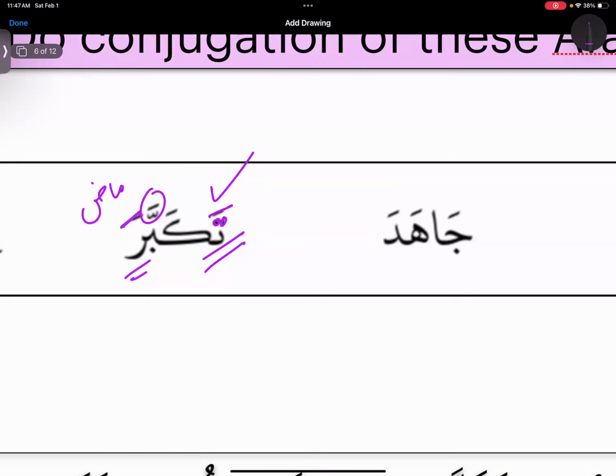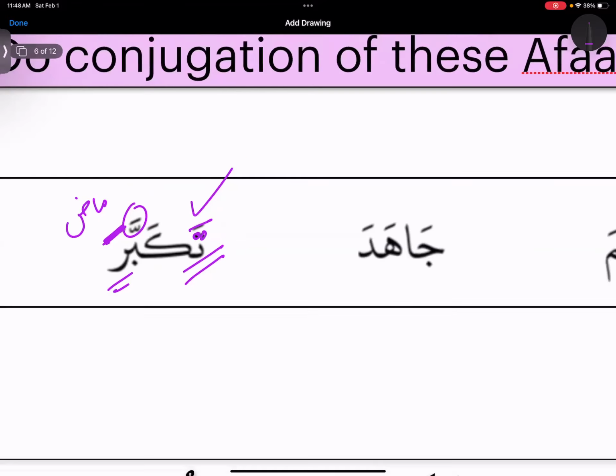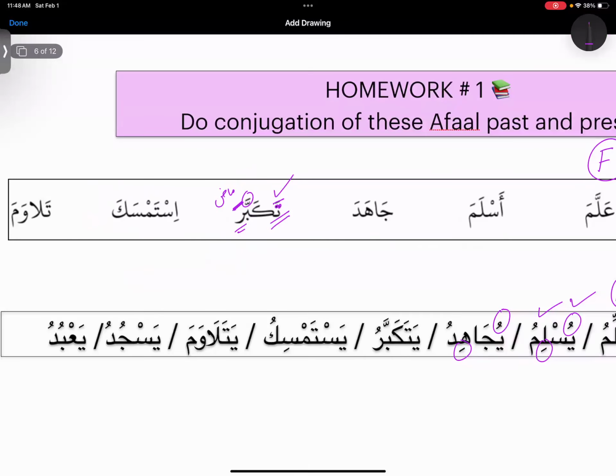So if we are in any confusing situation like that, always look at the end. If it ends on fatha, then it's likely madi. And takabbara will become yatakabbaru.